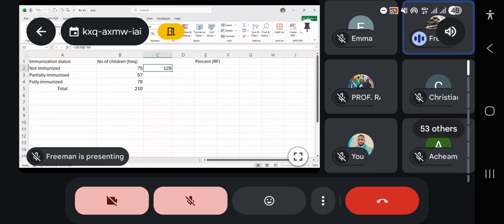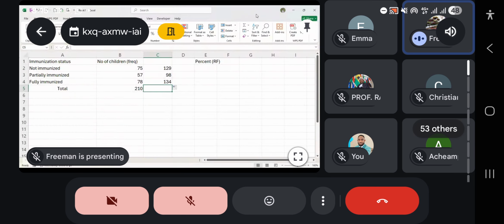You do the same for all of them. So you do the same thing here: 57 divided by 210 times 360. Then 78 over 210 times 360.